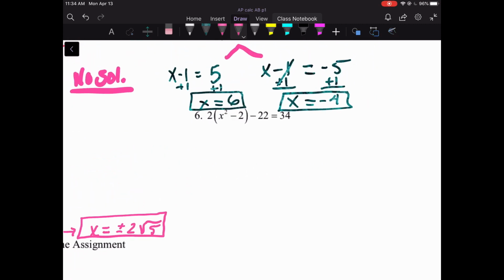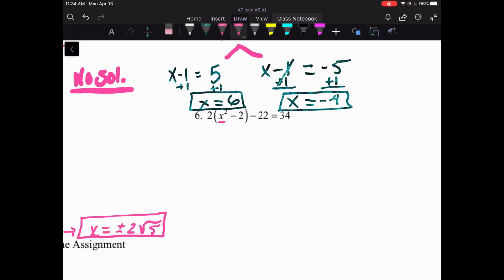A lot going on here. It's just extra steps in getting your x squared term alone. Notice with this problem, the parentheses is not being squared. So we're not trying to get the parentheses alone. This is slightly different because we still want to get the x squared term alone. So there's a couple ways to do this.